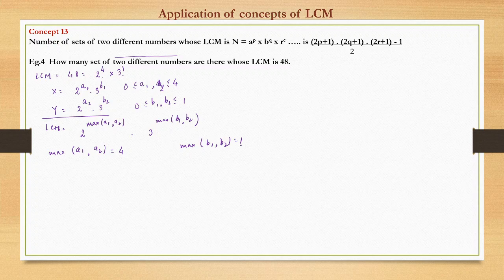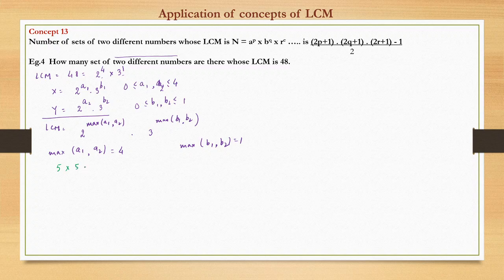So now we'll not manually count the cases. We'll use that P and C concept. a1 can take how many values? See, a1 can take values from 0 to 4, that is 0, 1, 2, 3, 4, 5 values. And a2 can also take 0 to 4, 5 values.